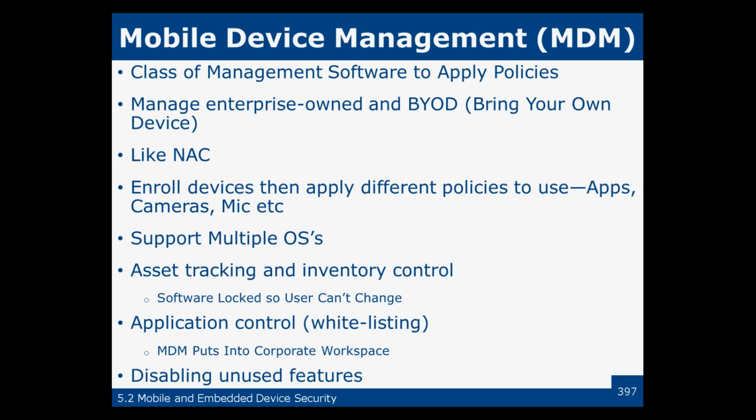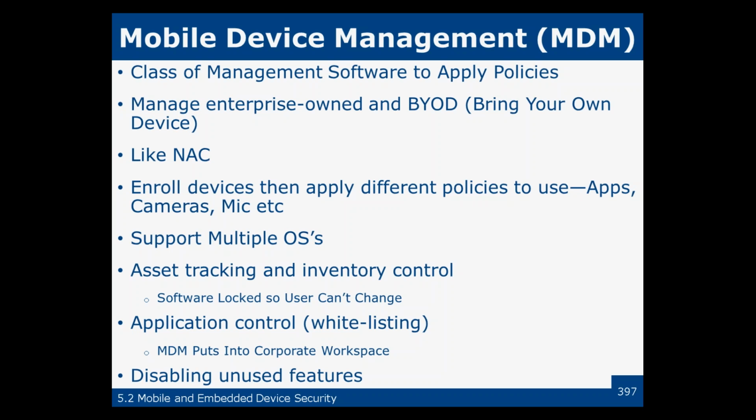Asset tracking and control software, when we use asset tracking and inventory control software, it has to be locked so that the user can't change it. And then application control, we're going to whitelist apps. Whitelist, as you remember, is we only allow those things to run which are on the whitelist. Blacklist specifies the things that can't run.